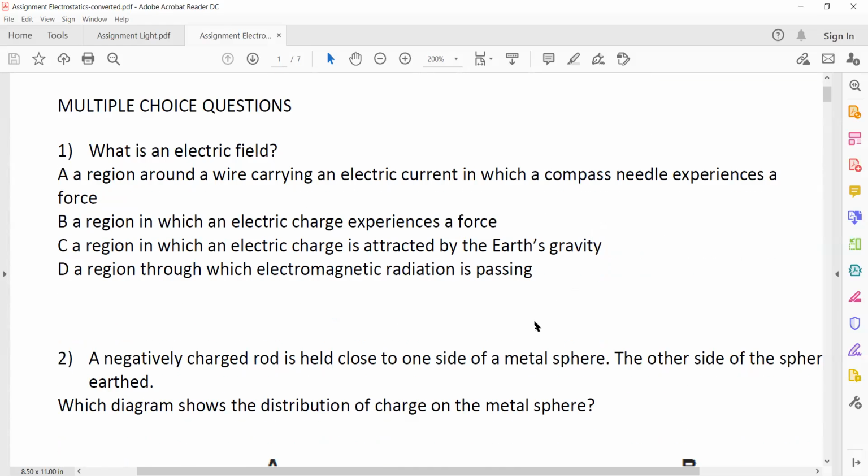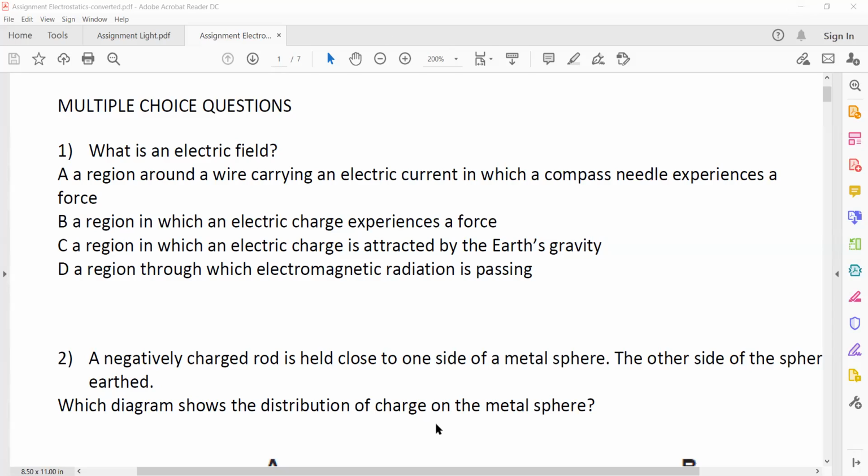What is electric field? What's the answer? So B is the right answer.